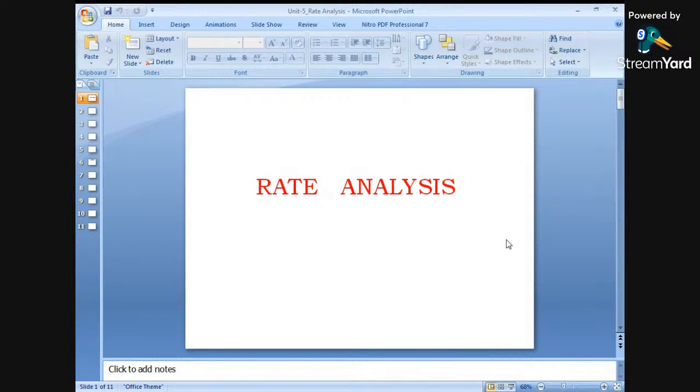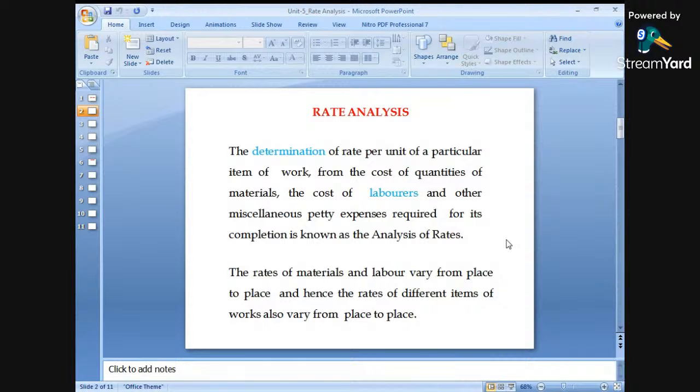So first of all, we will have a definition for the rate analysis. What is actually the rate analysis which has to be carried out in the cost estimations? Okay, from a GATE point of view also, various things have been asked related to how to find out the cost of any structures. That is the earthwork in excavations.